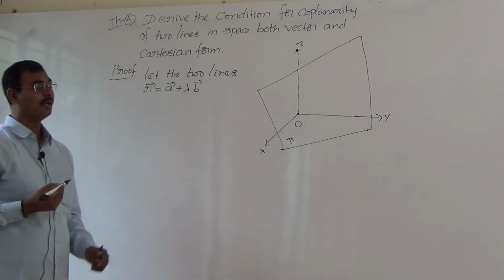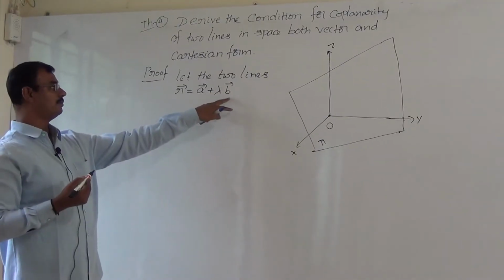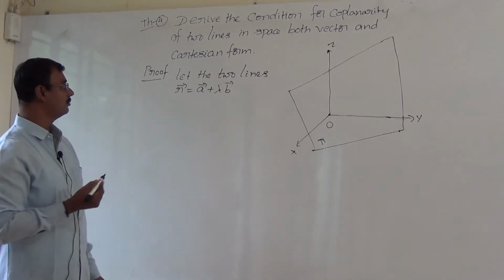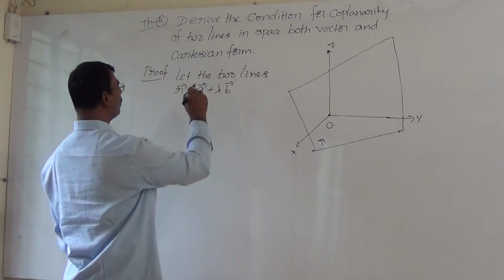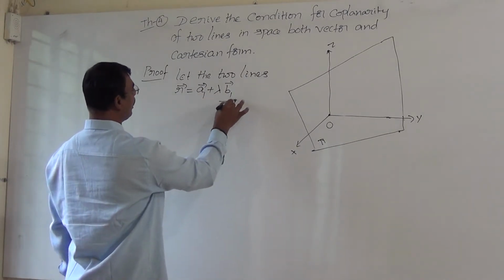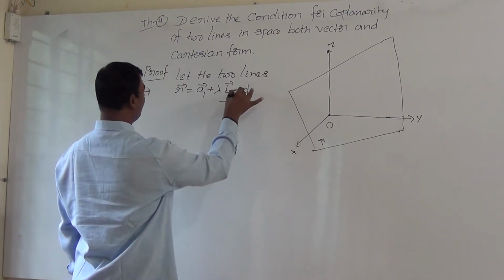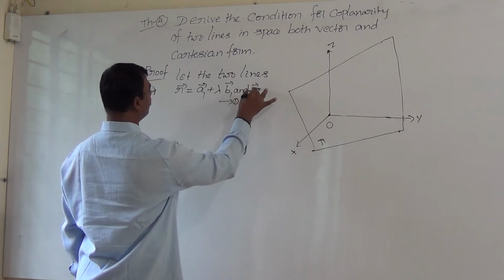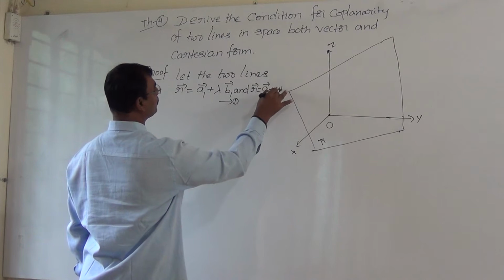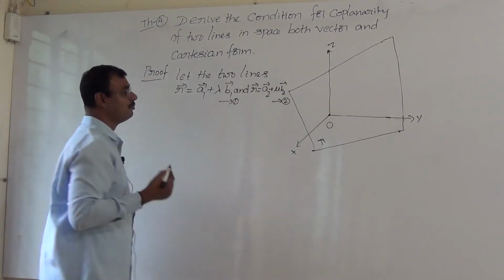This is called the equation of a line in vector form, passing through the point A and parallel to vector B. But I have to take two lines. So R bar is equal to A1 bar plus lambda times B1 bar as equation number 1, and R bar is equal to A2 bar plus mu times B2 bar as equation number 2.